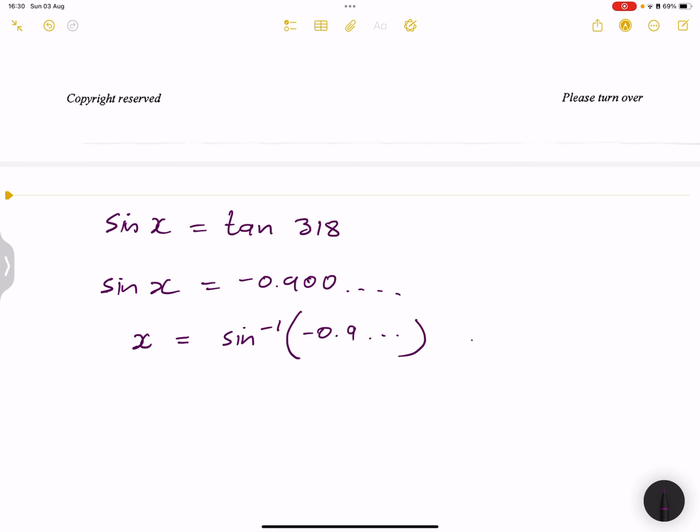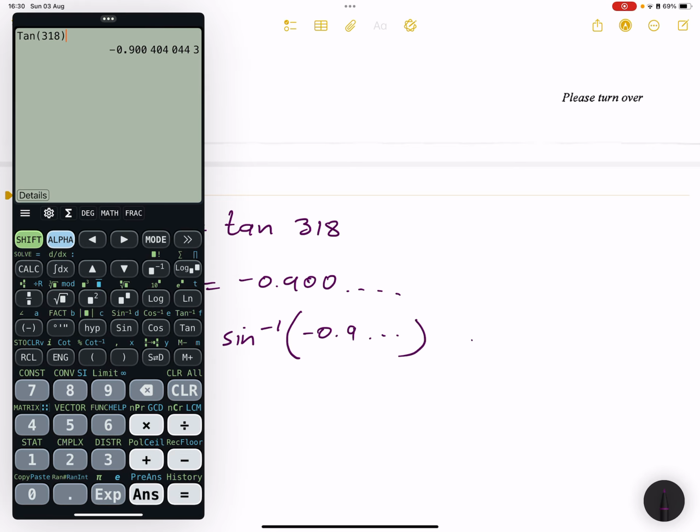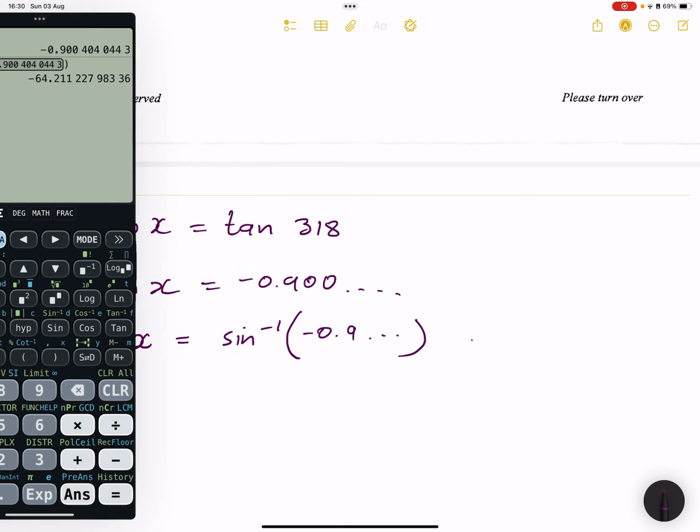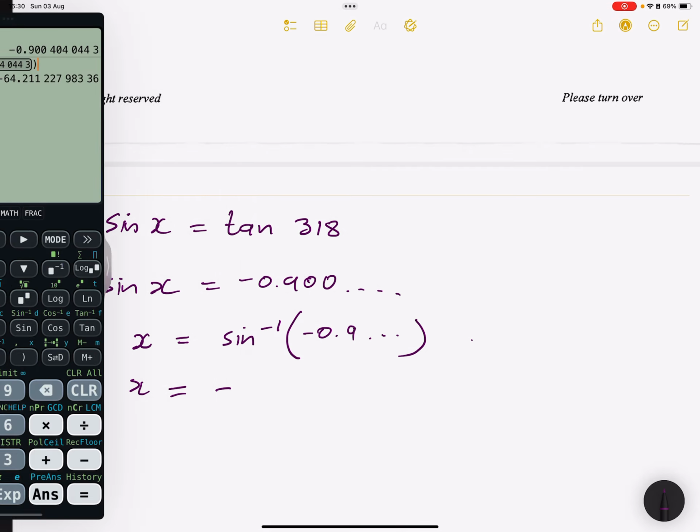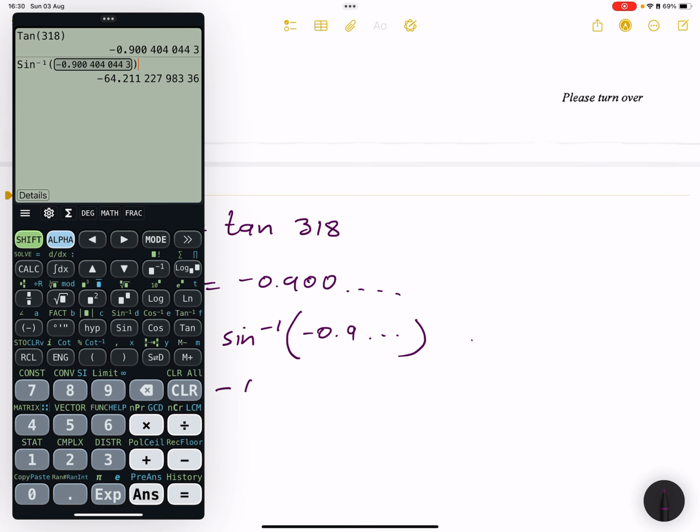I've got that number, and I shift the sine of our answer, taking the entire number. So I get x is equal to negative 64.21.